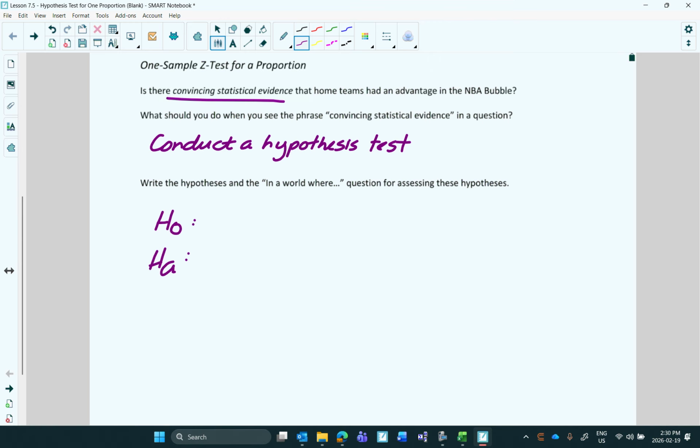The alternative was something's changed, or there was home court advantage. But we're not going to write it in terms of words. We're going to write it in terms of letters and numbers. Okay? So if there's no home court advantage, the proportion of games won by the home team should be what? 50%, but we're going to write it as a decimal, 0.5.